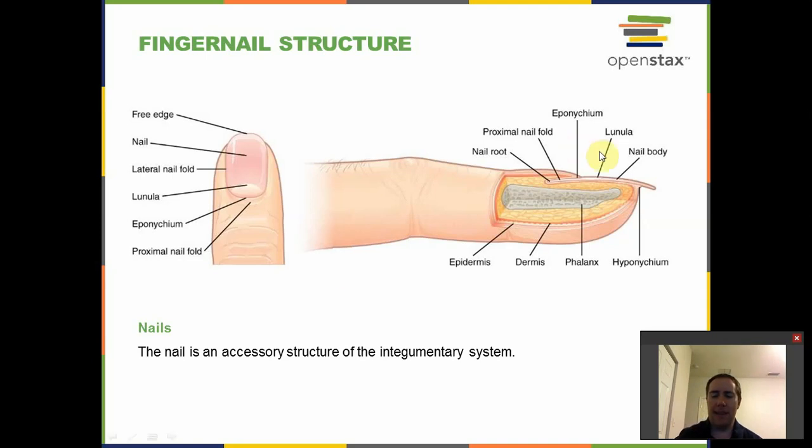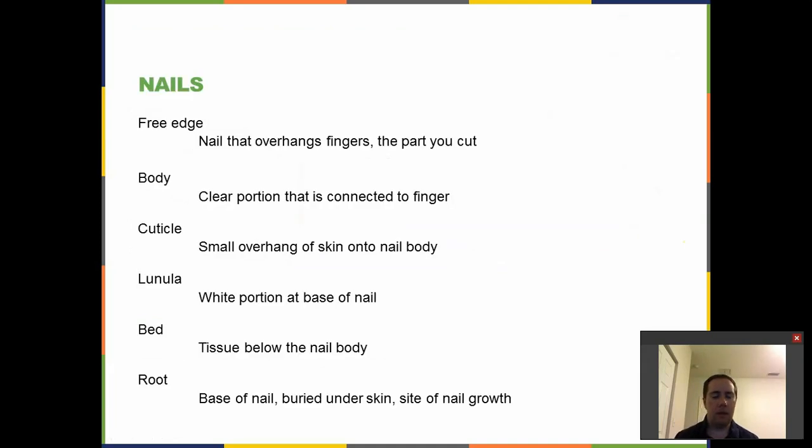And so we can see in this diagram here, on the one on the right, that the skin comes up and it touches the nail there, but the nail extends a little bit further back. So where it extends back is the root. There are some other terms here, like the eponychium and the hyponychium. You do not need to know those terms. You need to know these terms.